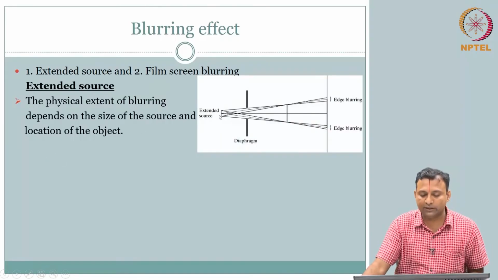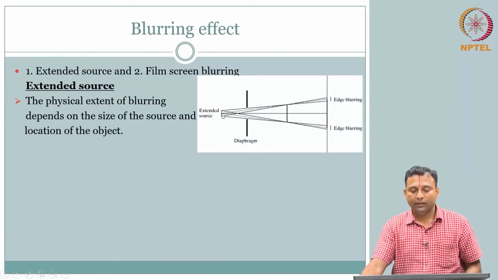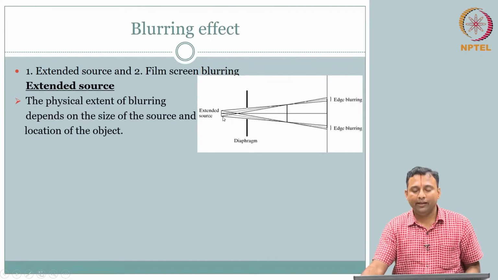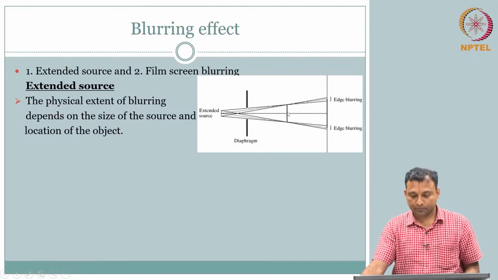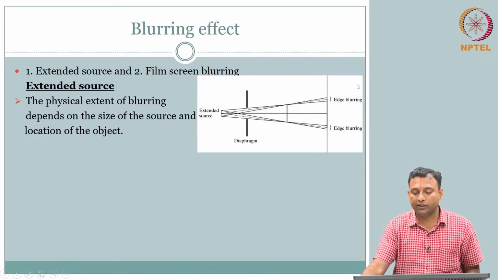Extended source means, in this example, just because we are projecting it, instead of a point I have a line. I am interested in the case where I have an object, this is my object. So instead of the object being hit by a point source that is diverging, you have an extended source.